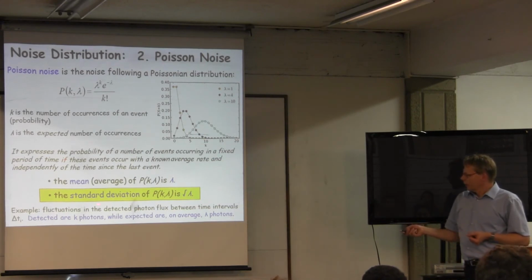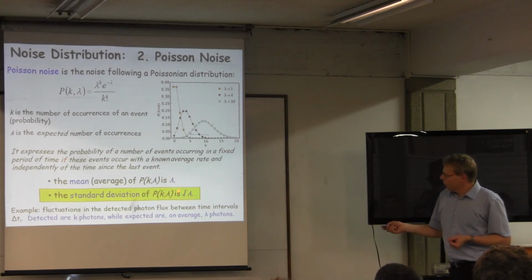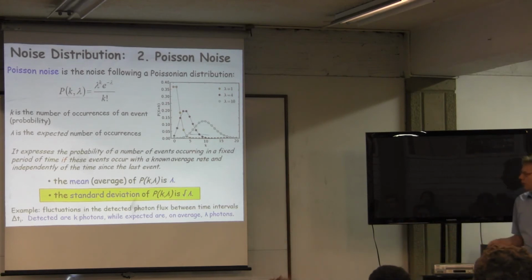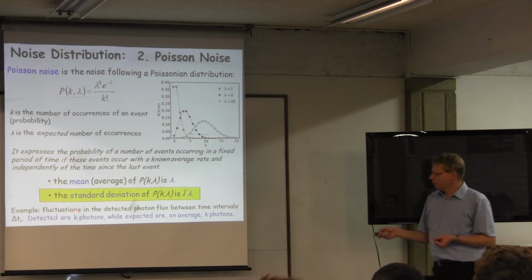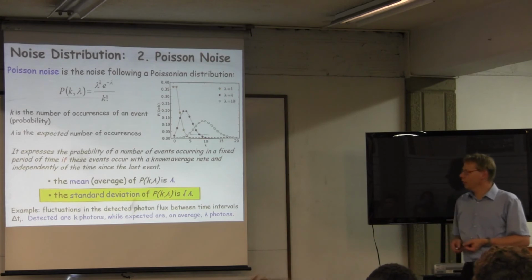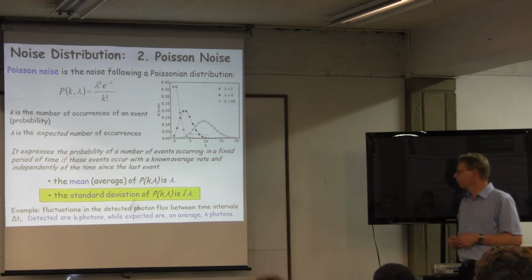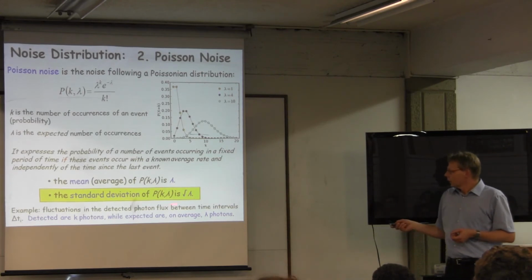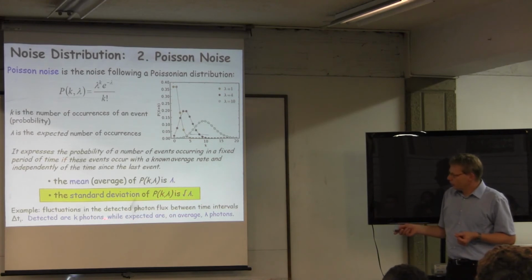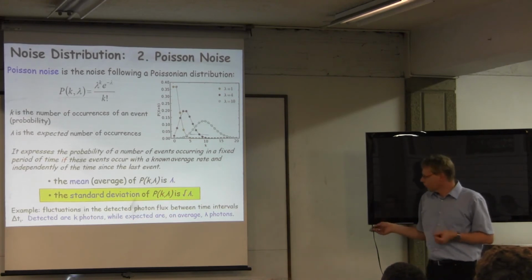And here we know it's the square root of the number of events. And again, as an example, think about the fluctuations in the detected photon rate, which of course gives you some background.